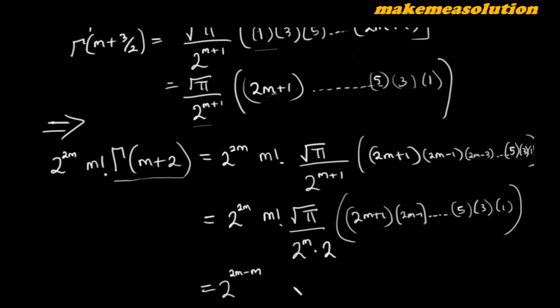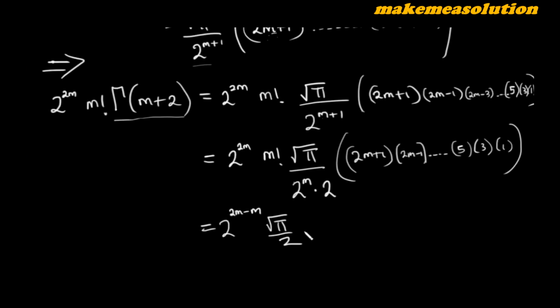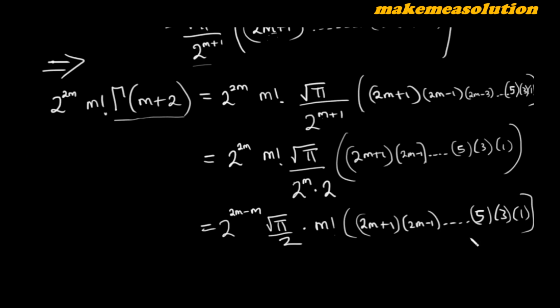2m minus m. Then I can bring the root pi forward over 2. Then I can now bring my m factorial, and I can now bring 2m plus 1, 2m minus 1, 5, 3, 1. So you can see that this will now become root pi over 2. I'm just rearranging it randomly. Which one should come first?